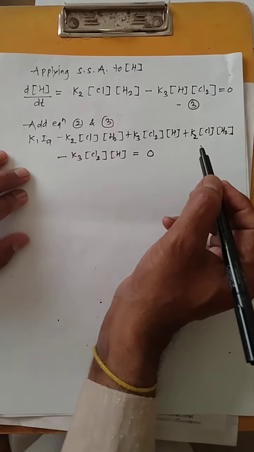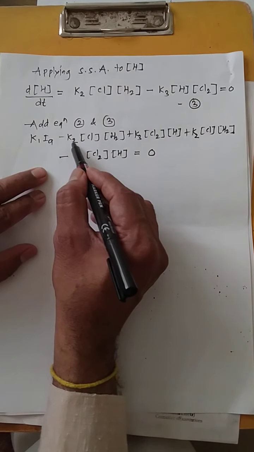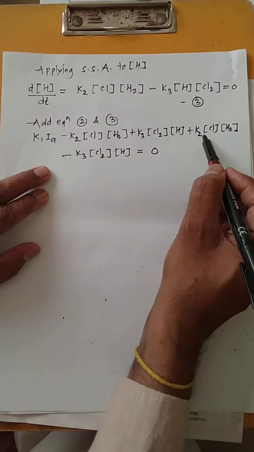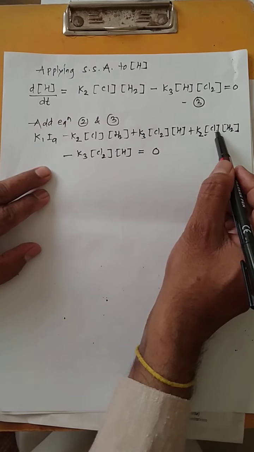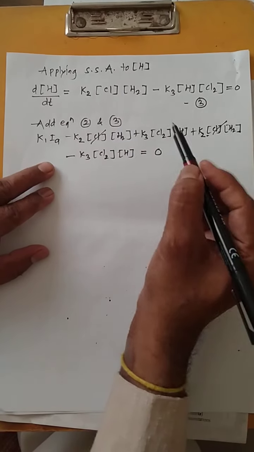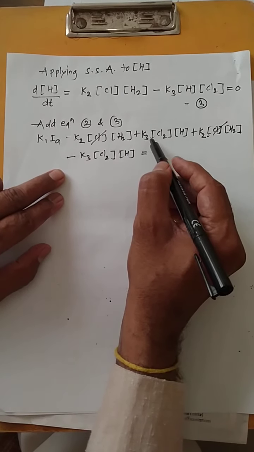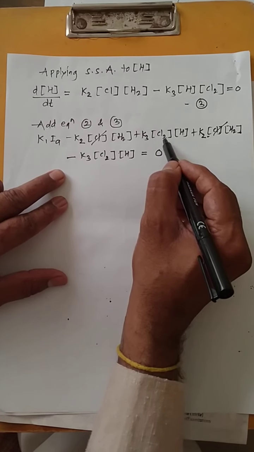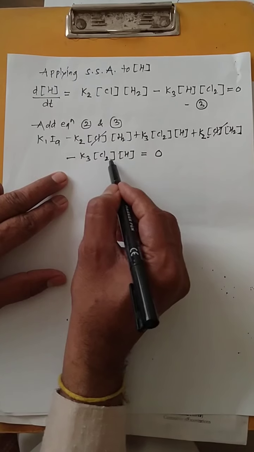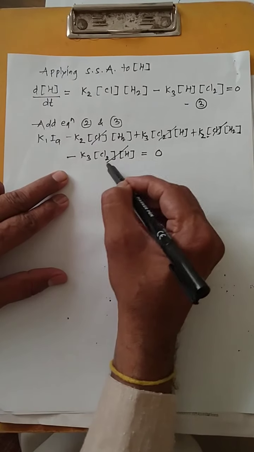Now the minus K2 concentration of Cl, concentration H2 and plus K2 concentration of Cl, H2 get cancelled. Then plus rate constant K3 concentration of Cl2 concentration of H, and minus Cl2 and H get cancelled.